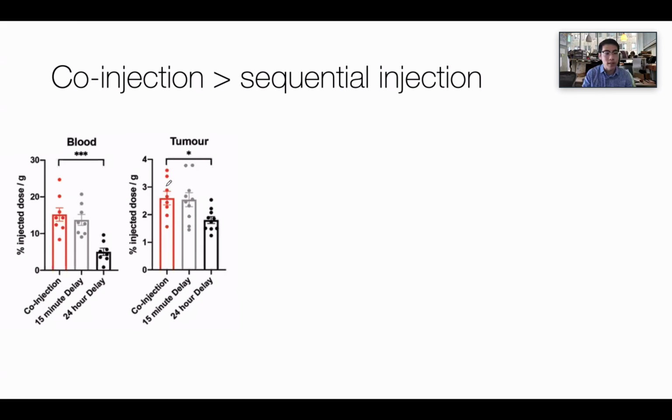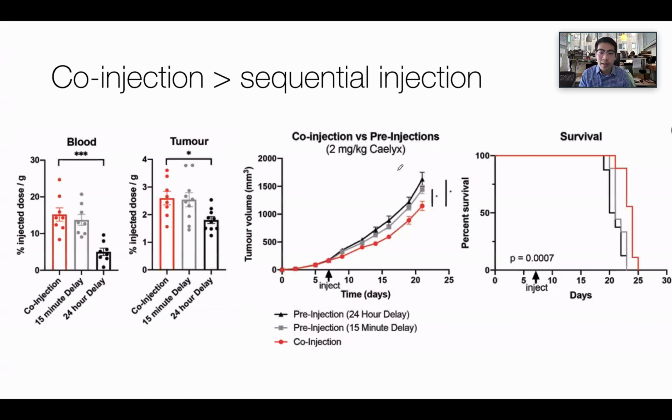As we increase the delay time, the amount of tumor delivery also decreased. And this translated to a small but statistically significant difference in their tumor sizes. So when you gave a co-injection of your nanoparticles, you had up to 30% reduction in the tumor sizes, as opposed to if you were to delay these two injections, right? And it translated to a little bit of survival time.